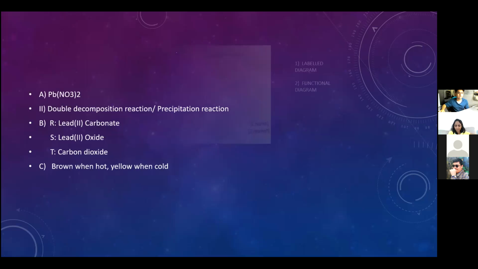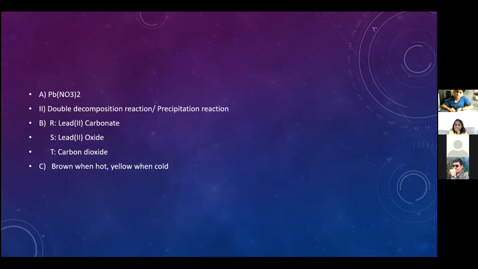All right. So now they asked to state the color of solid S. You know that solid S, just like what Halim said, is lead-2 oxide. Let me ask you a question. What if I just put brown? Is it correct or wrong?